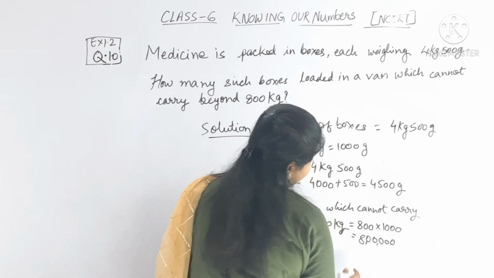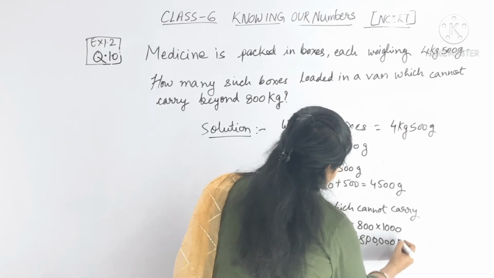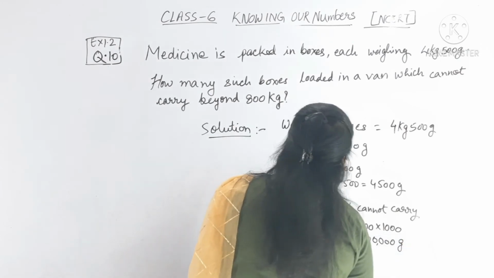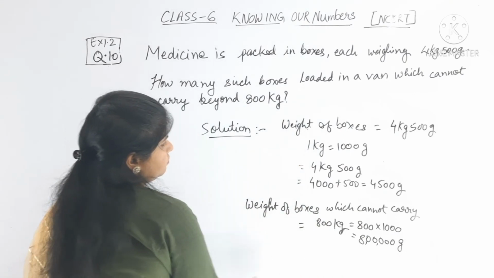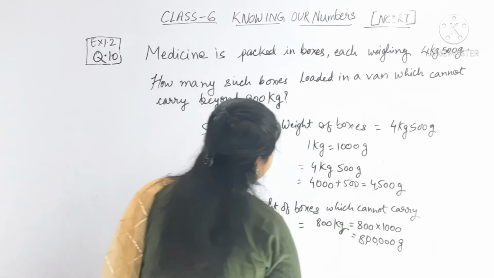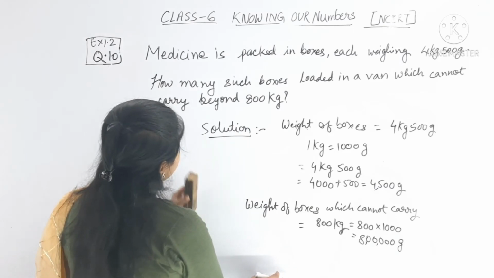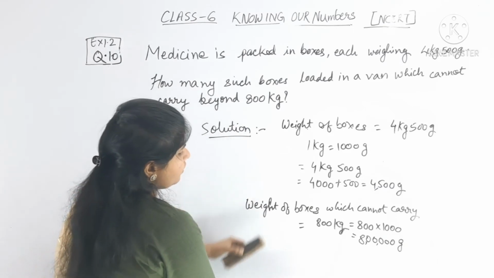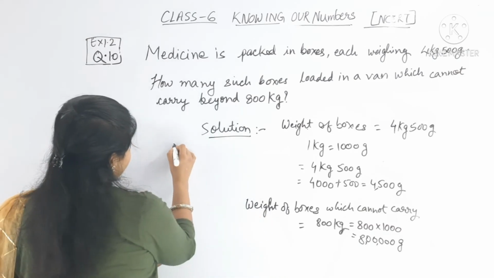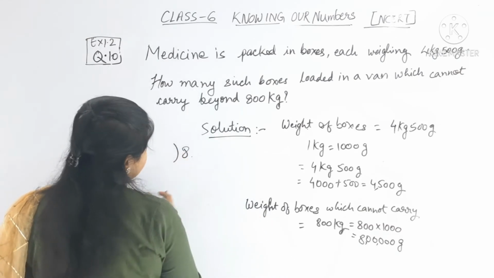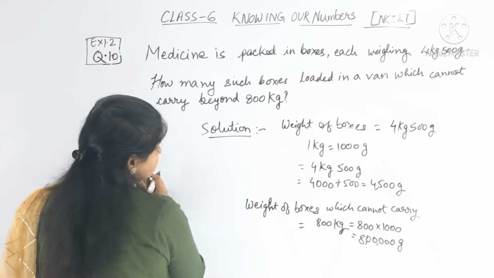You can read it like 8 lakh gram, and 4500 gram. Okay, so we have to divide both for the number of boxes loaded in a van. Okay, so you can divide this.